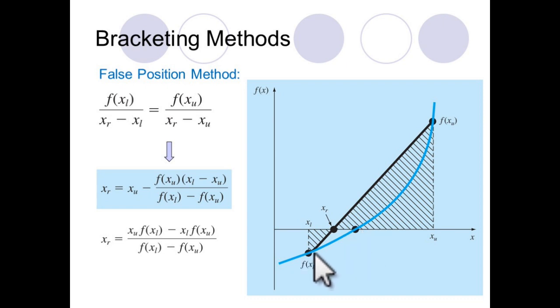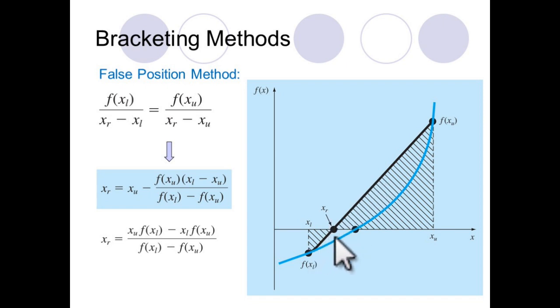Now here in the false position method we do something different. We draw a straight line, and we find the position XR where it crosses the x-axis. This point is our approximation.